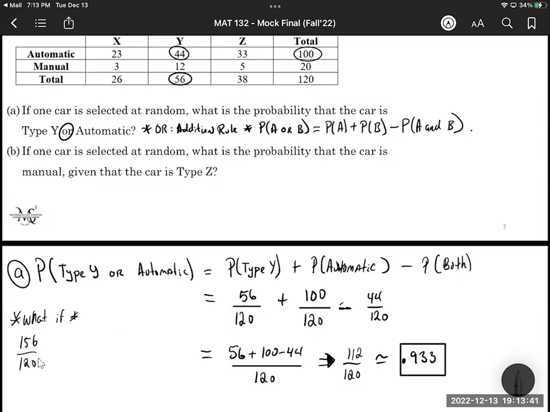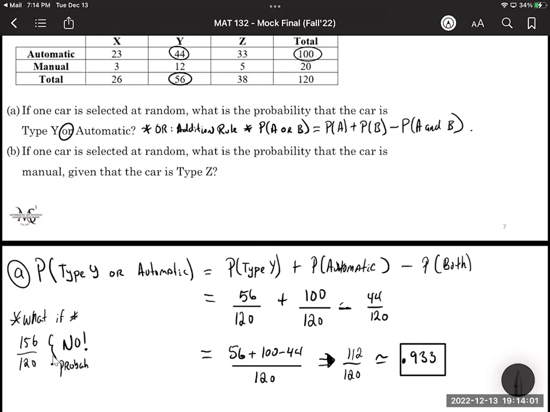No. Why can 156 over 120 not represent a probability? It would be greater than 1. So this here is a big no, it can't happen because it's bigger than 1.